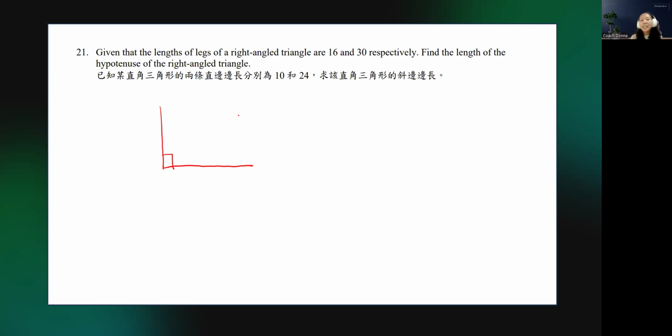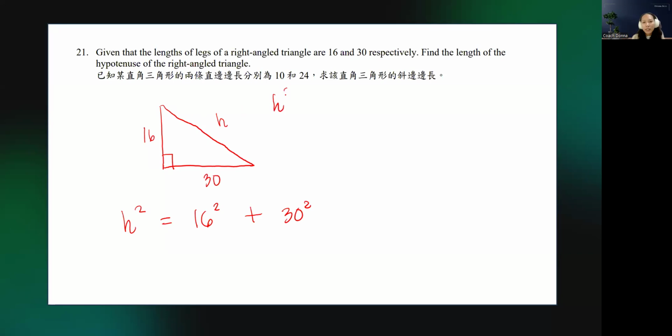Given that the lengths of the legs of a right angle triangle are 16 and 30 respectively, find the length of the hypotenuse. We have 16 right here and 30 right here, because it refers to the legs. The hypotenuse is always the longest side. Our formula is that hypotenuse squared is equal to 16 squared plus 30 squared.